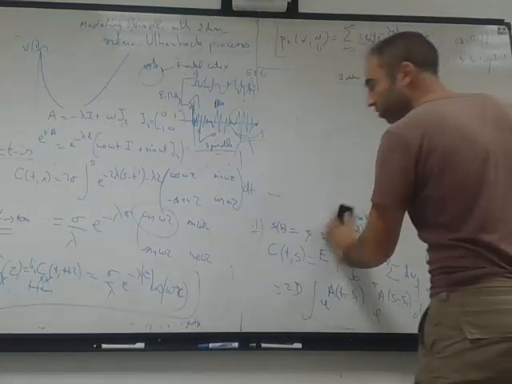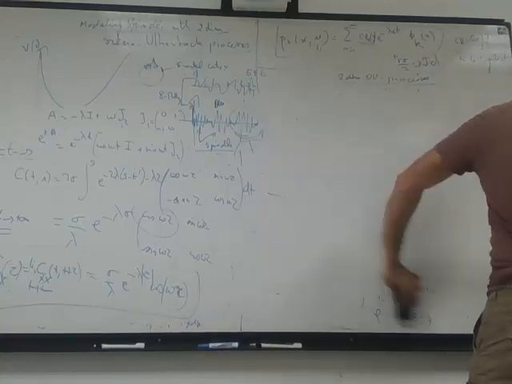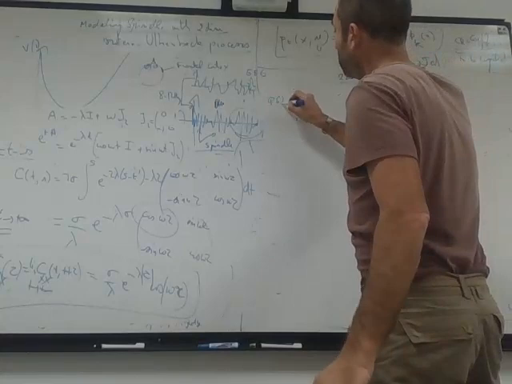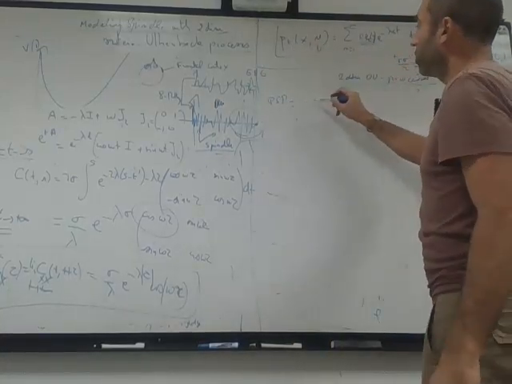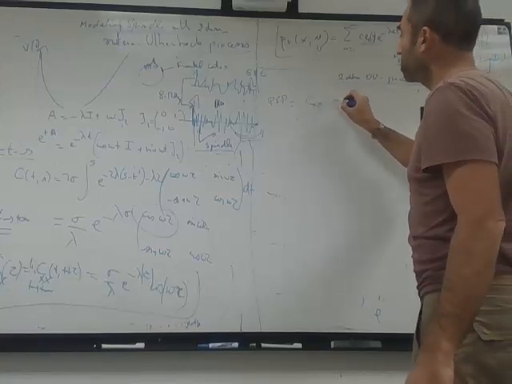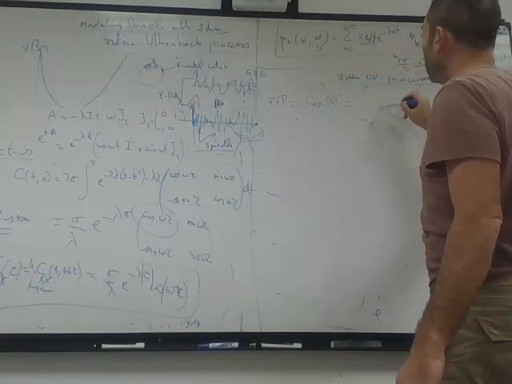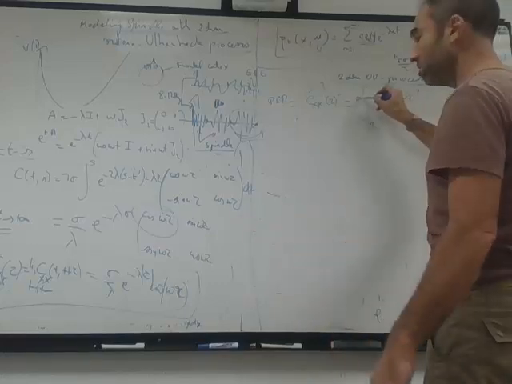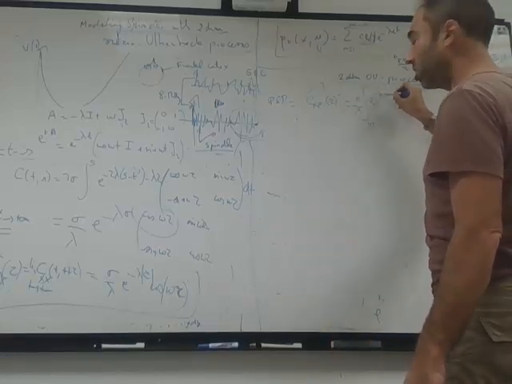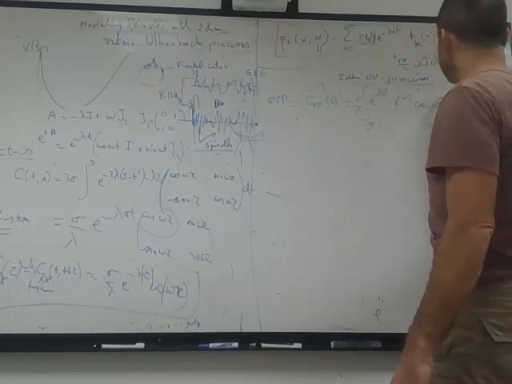What is the power spectrum? PSD, as we did in dimension 1. PSD is the Fourier transform of Cxx tau, so you integrate over R exponential i omega tau of sigma lambda, exponential lambda tau absolute value, multiplied by cosine omega tau.